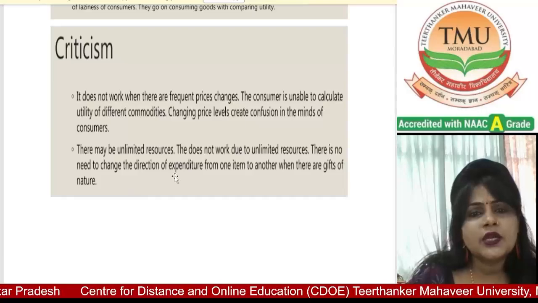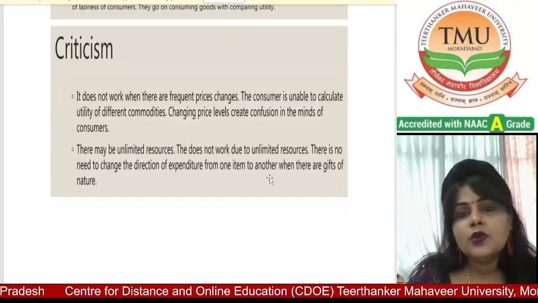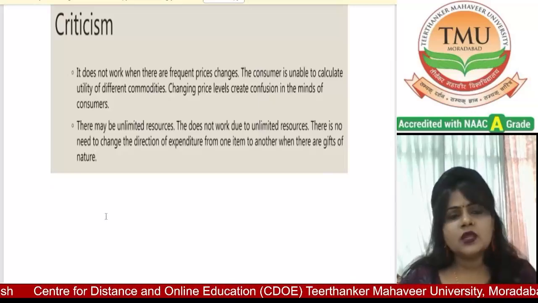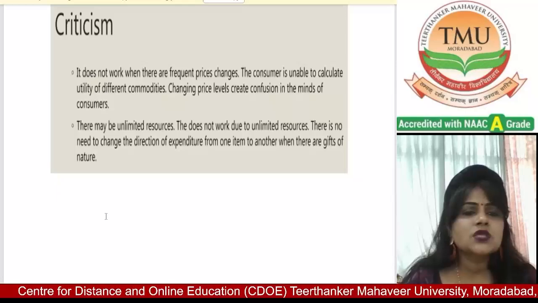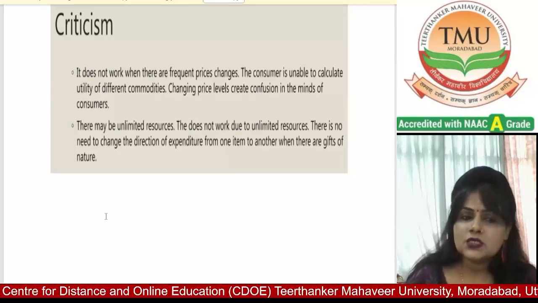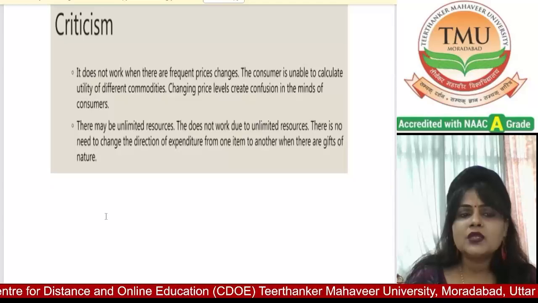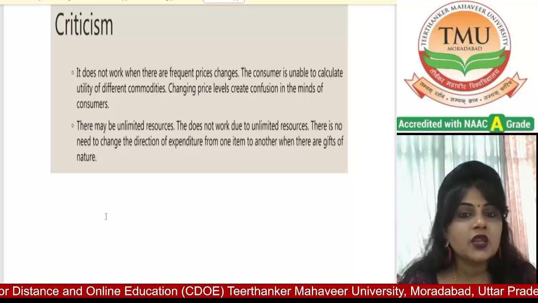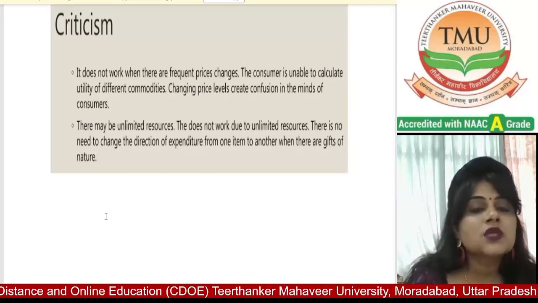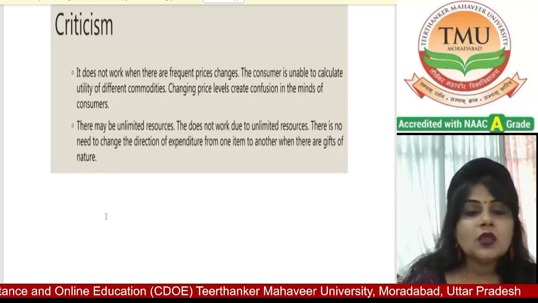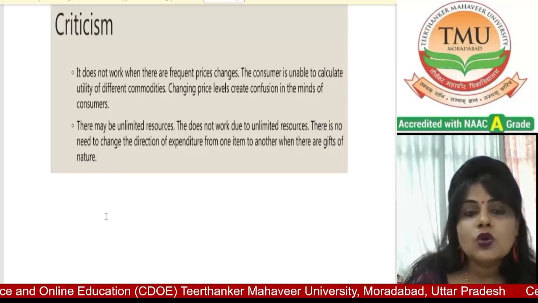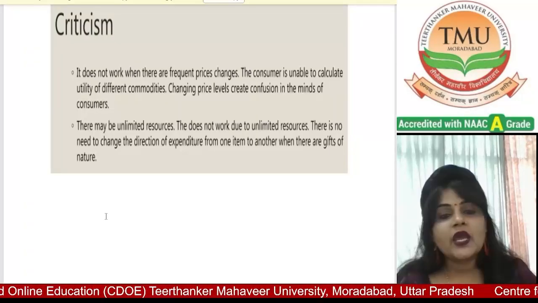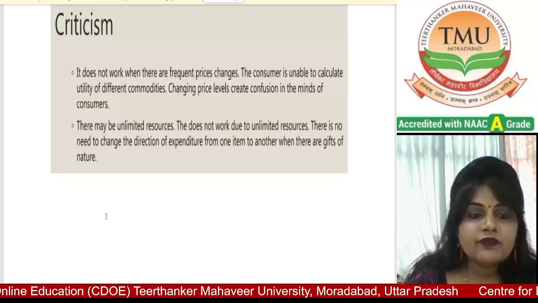There is no need to change the direction of expenditure from one item to another when there are gifts of nature. And if there are unlimited resources, and if the organization is insufficient, business will fail to achieve the best result from the units of land, labor, and capital. This implies that he may not be able to divert expenditure to more profitable channels from the less profitable ones.